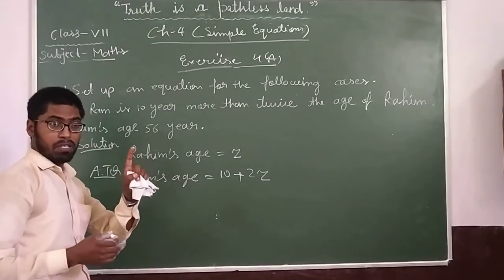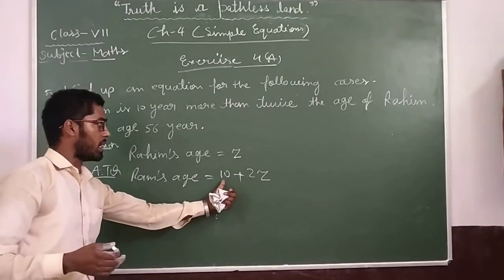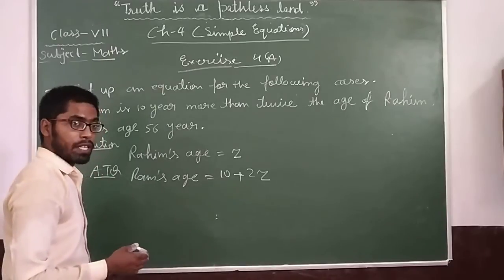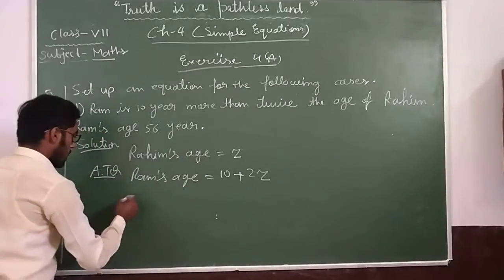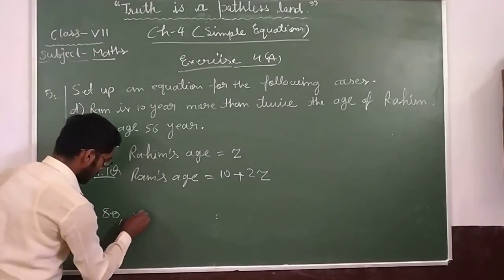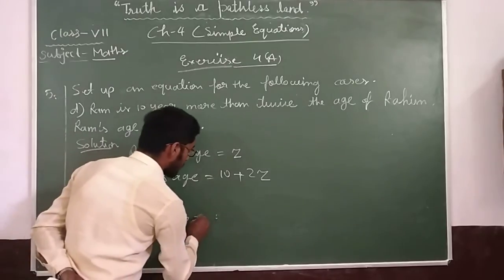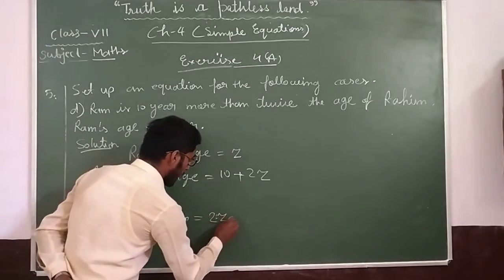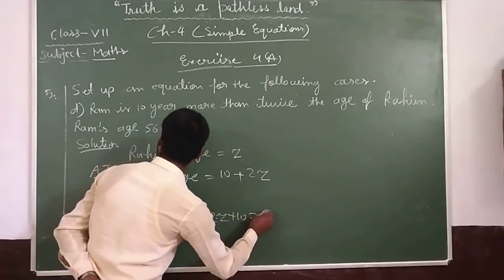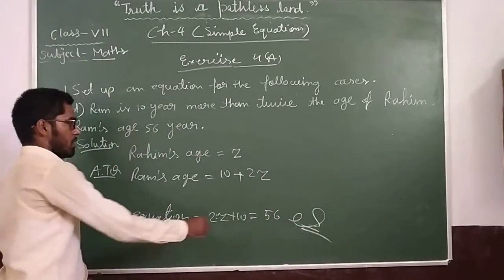Ram is a single person, and if his age is 56 and you are saying his age is 10 plus 2Z, it means both should be equal. So the equation should be 2Z plus 10 is equal to 56. That is your answer. This is your equation.